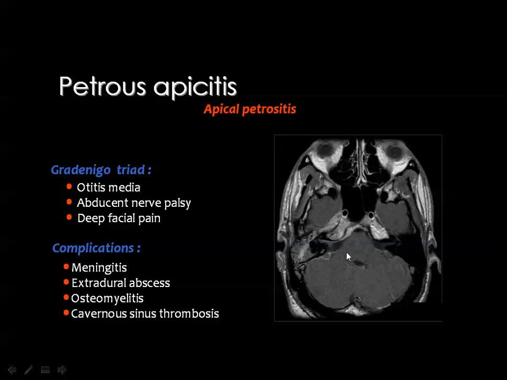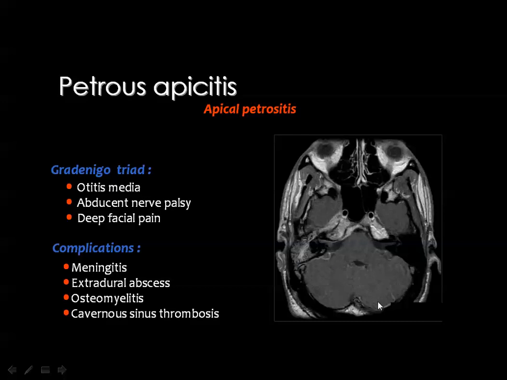And here you see this is a lesion in the apex of the petrous bone on the right side, and you can see the fluid within the middle ear cavity and the mastoid in this T2 weighted image, denoting the presence of otitis media and mastoiditis associated with apical petrositis.